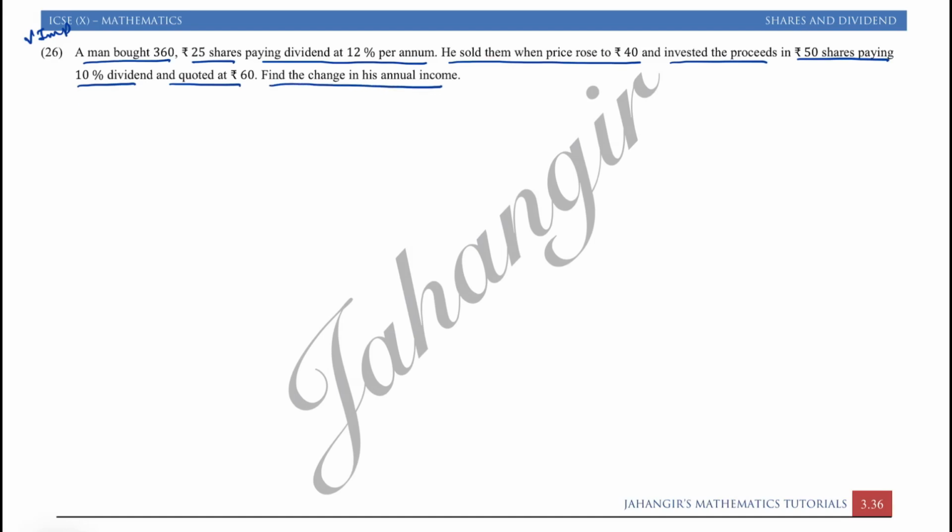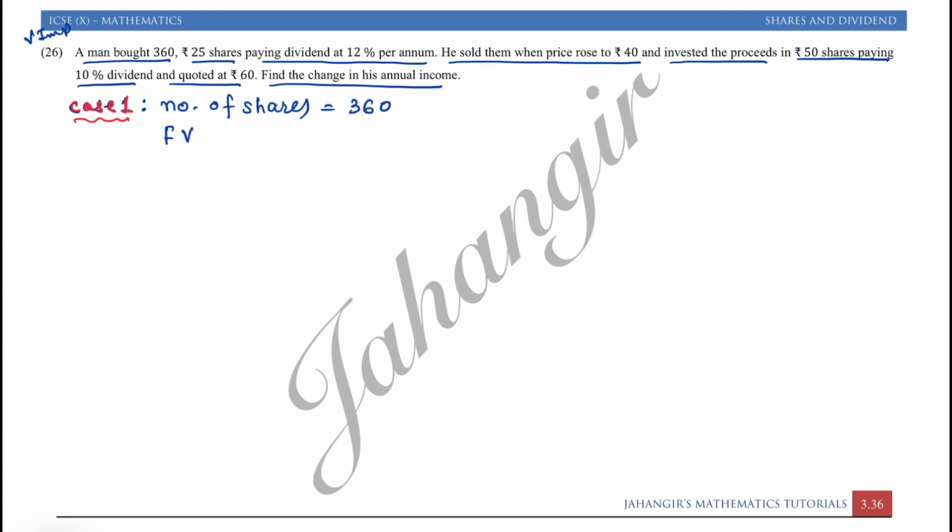In the first case, we have shares of 25 rupees, that is, face value is 25 rupees, and we have 360 shares. So first I will write the number of shares. First case: number of shares is equal to 360.